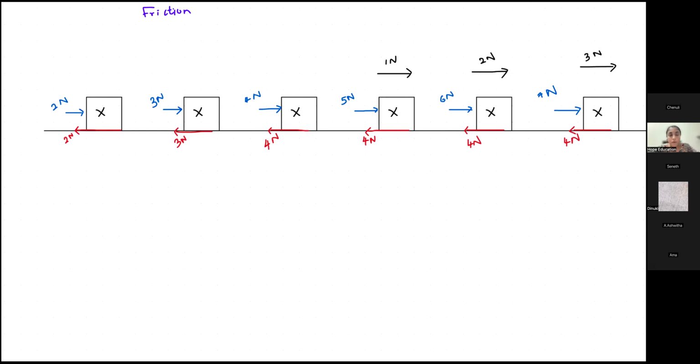මෙන්න මේ point එක. That means the maximum friction that the other surface can give is 4 newtons, no. This maximum friction that the other surface can give is called limiting frictional force, right?